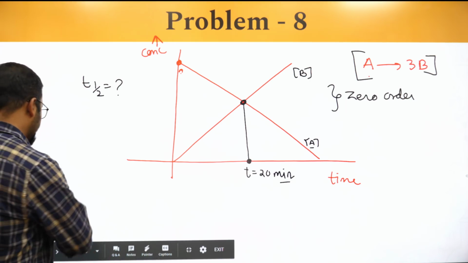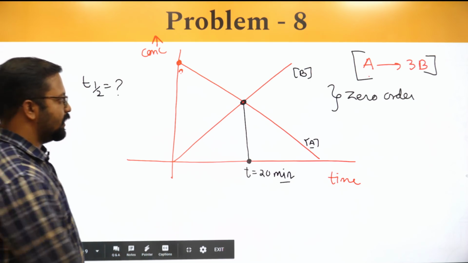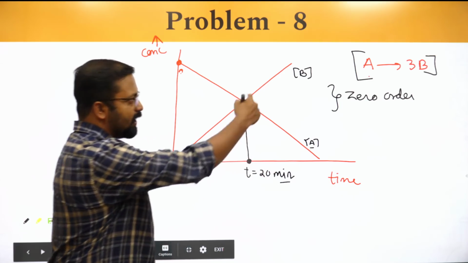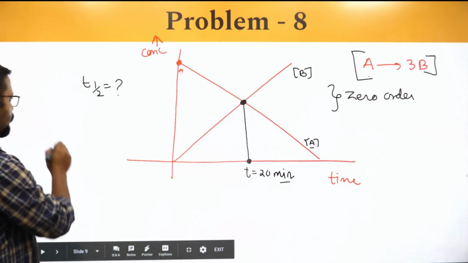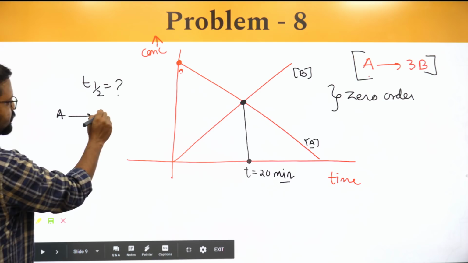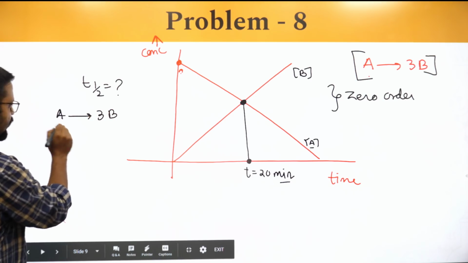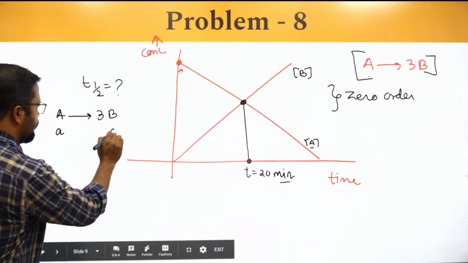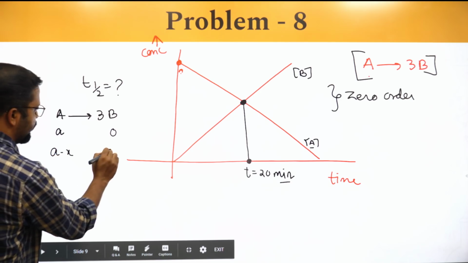If you get a question like this, this point is where A becomes equal to B. So we can write A changes to 3B. If the initial concentration is A, this will be 0. A minus X will be 3X.